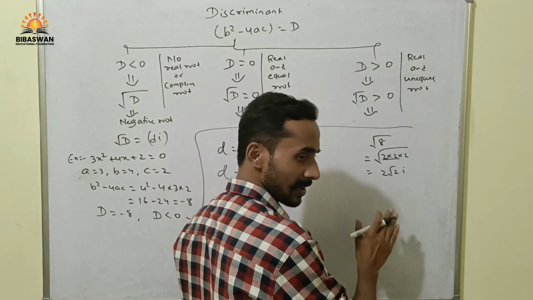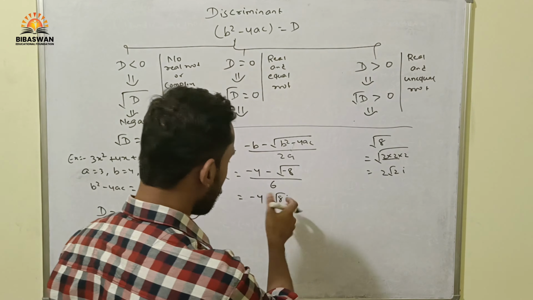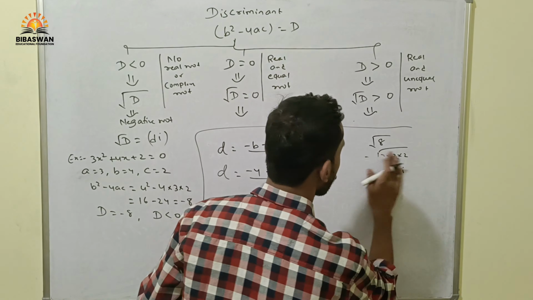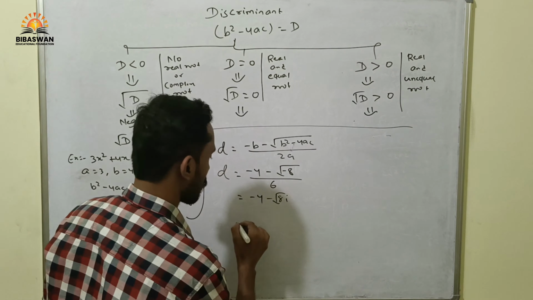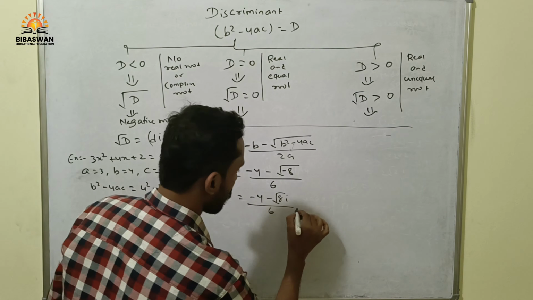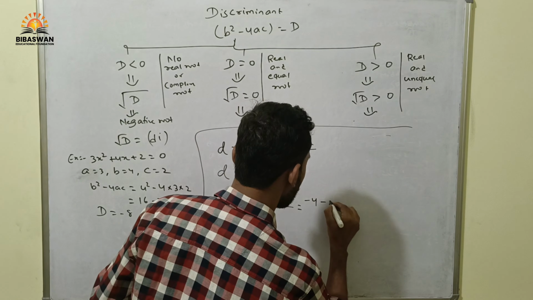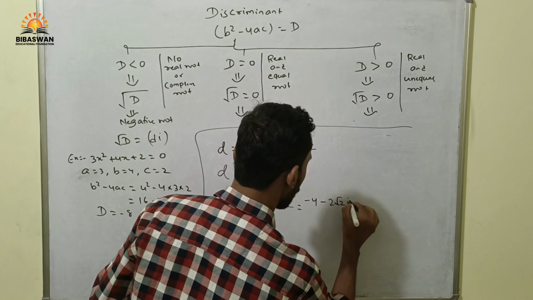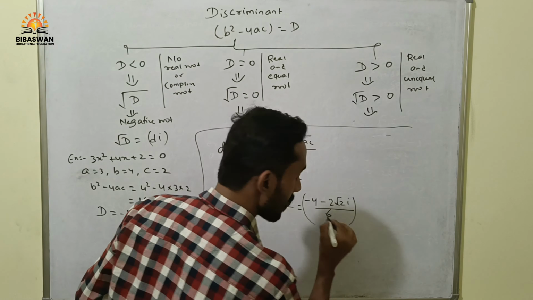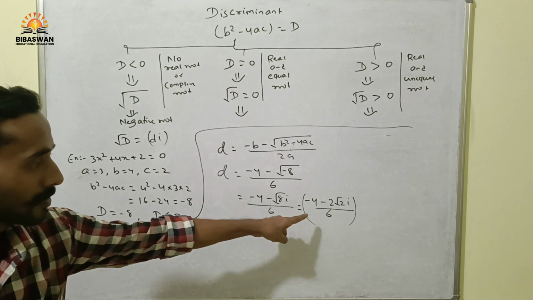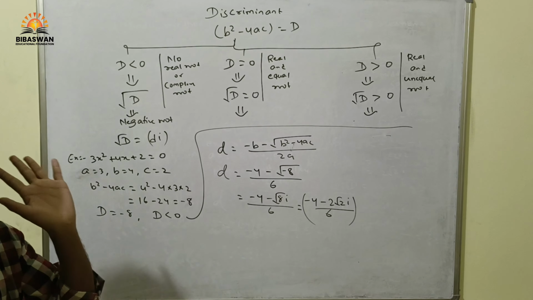We can also leave root over 8, no problem. So minus 4 minus 2 root 2 iota by 6 is our alpha. This belongs to a complex root, not a real root.